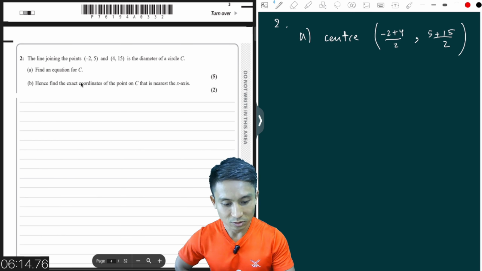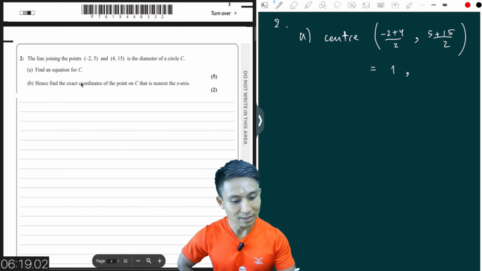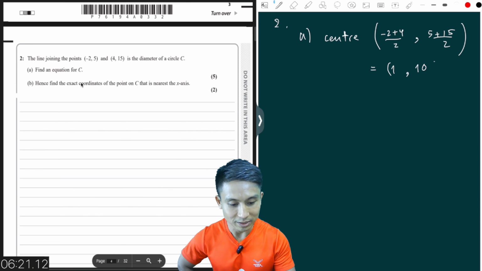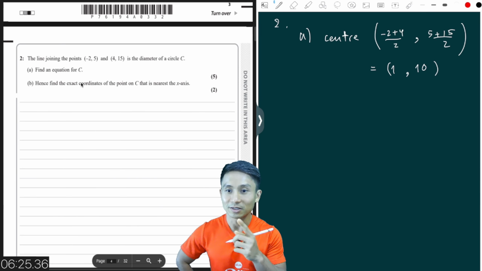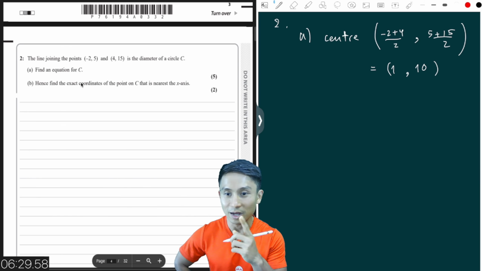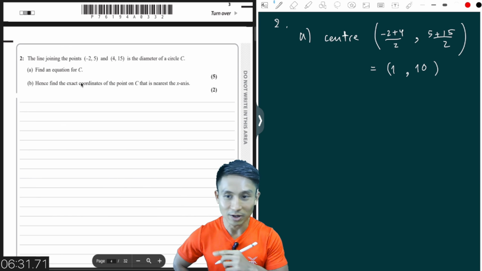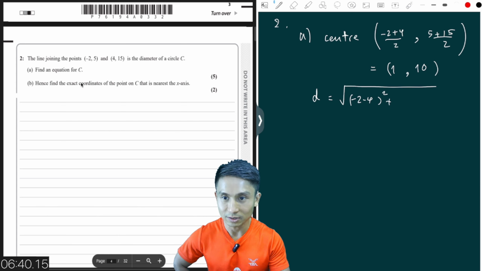So that's 2 over 2 is 1. That is 20 over 2 is 10. So 1, 10 is the center, right? And the radius, you can do Pythagoras of the points on diameter there and divide by 2 to get the radius. So I'm just going to do, this will be the diameter. So minus 2 minus 4 squared plus 5 minus 15 squared.